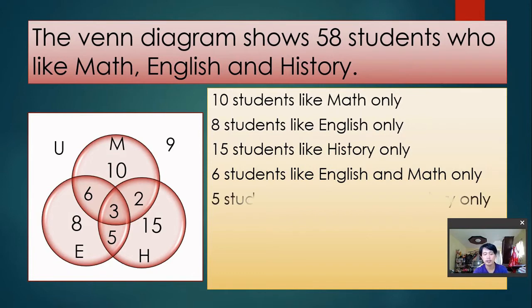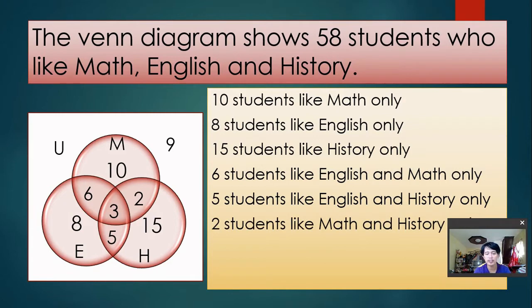Okay, how about 5? Look at 5 in the Venn diagram. It belongs to circle H and it belongs to circle E also. Now these 5 students like English and history only. So these students don't like math. And what is 2?